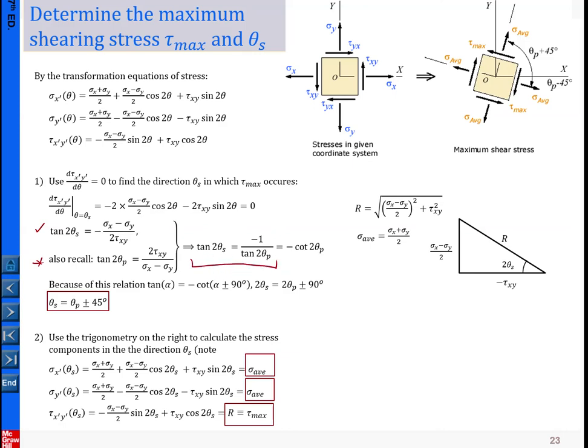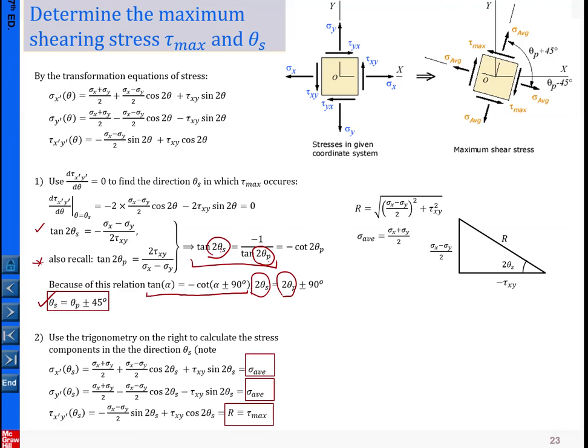I copied this from the trigonometry equations: if tangent alpha equals something like this, then the two angles together have this relation, plus or minus 90 degrees. Using the simple trigonometry equation, we can quickly find this one.